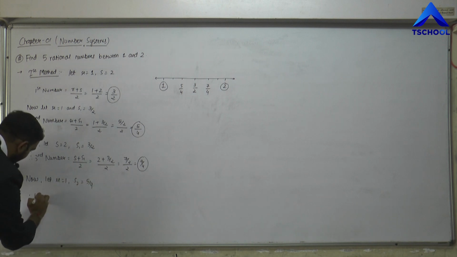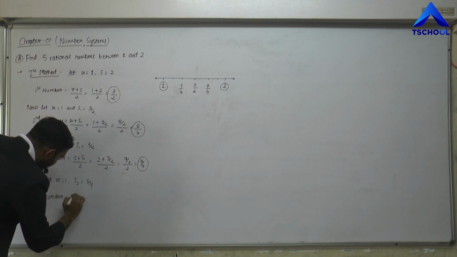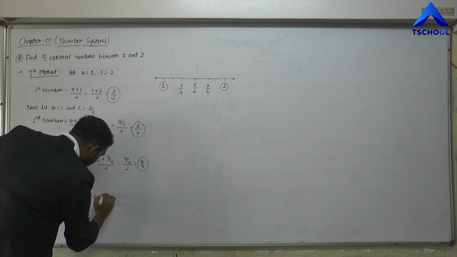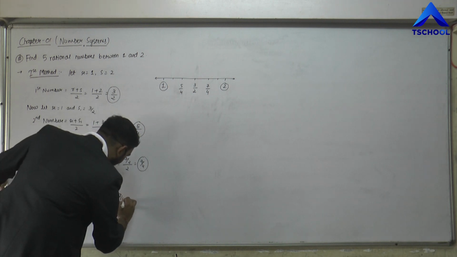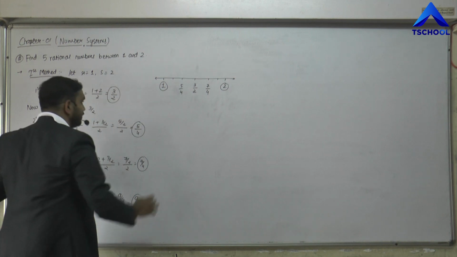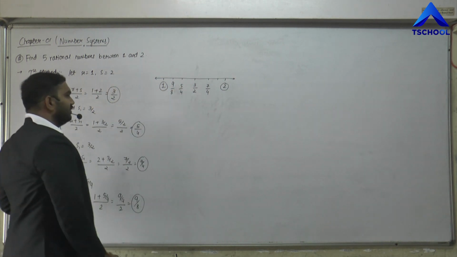Therefore, the fourth number is r plus s2 by 2, that is equal to 1 plus 5 by 4 upon 2, that will give me 9 by 4 upon 2, which is 9 by 8. So I got a number here, that is 9 upon 8, right?